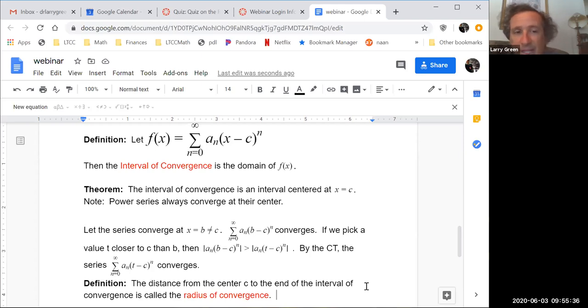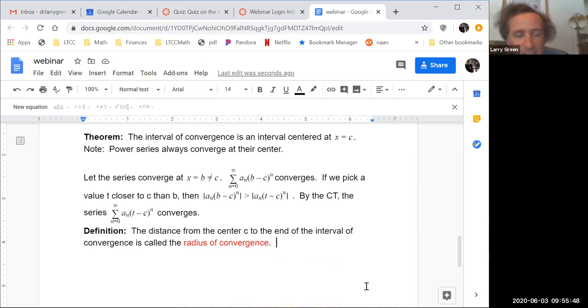Then it really is a circle or a sphere, or you can go higher than that in dimensions. So there's a reason why it's not just to be tricky that I'm calling it radius of convergence. It's because you want to be able to expand to higher dimensions. But in our class, we're not going to expand. We're going to stick to just one variable. Any questions on this definition?